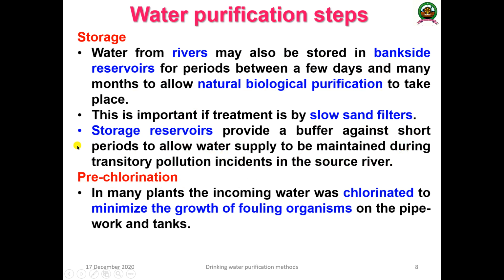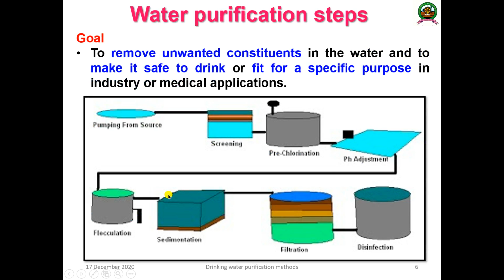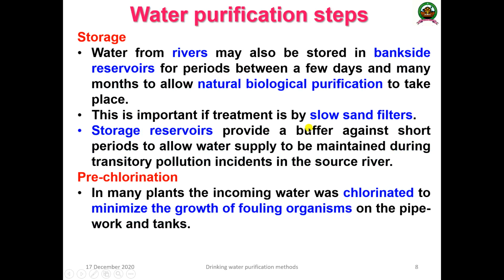Okay. After that, the pre-chlorination. This is another important step. In many plants the incoming water is chlorinated to minimize the growth of fouling microorganisms on the pipework and tanks.